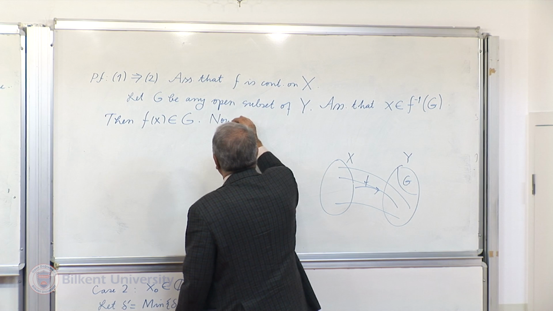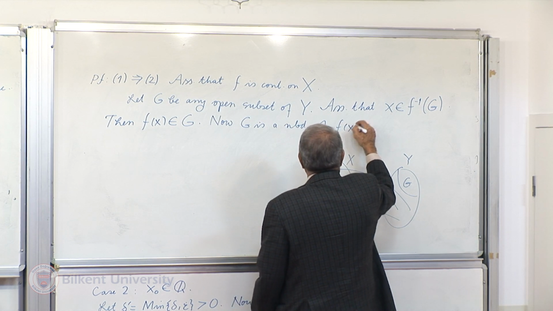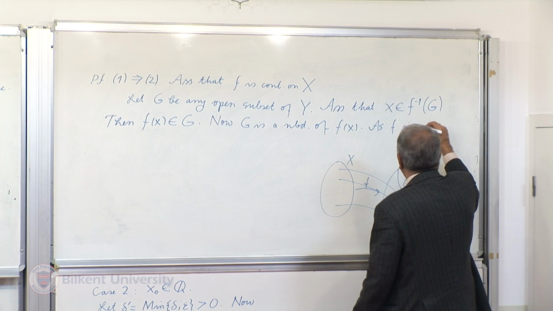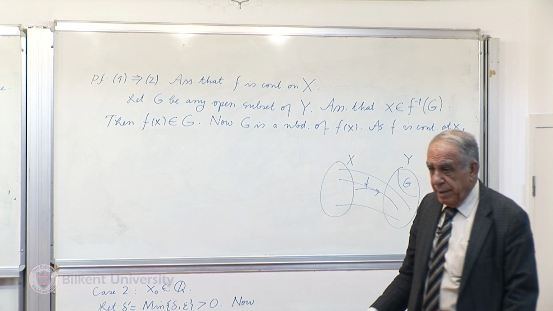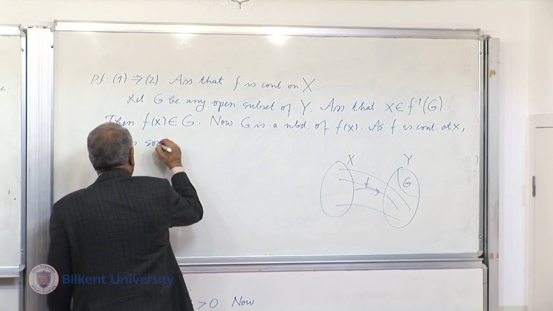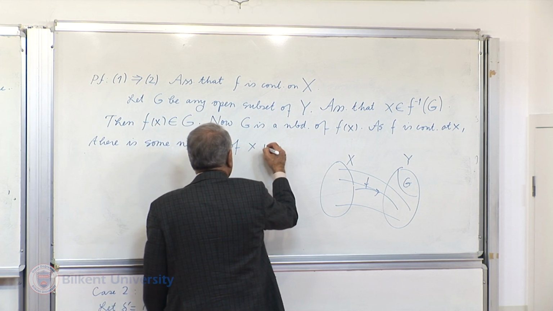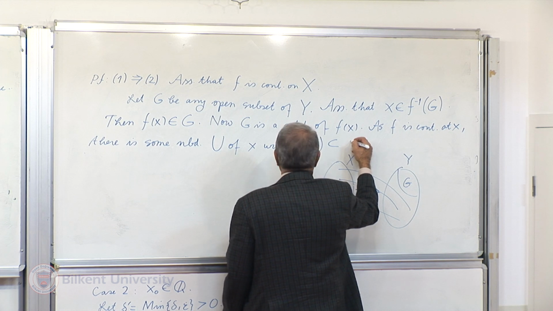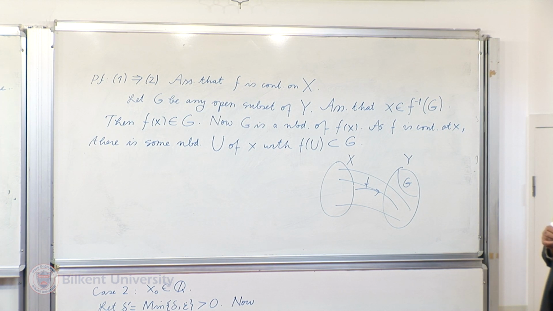Now, G is a neighborhood of f of x. But as f is continuous at x, because it's continuous everywhere, there is some neighborhood U of x with f of U being contained in G. Okay.